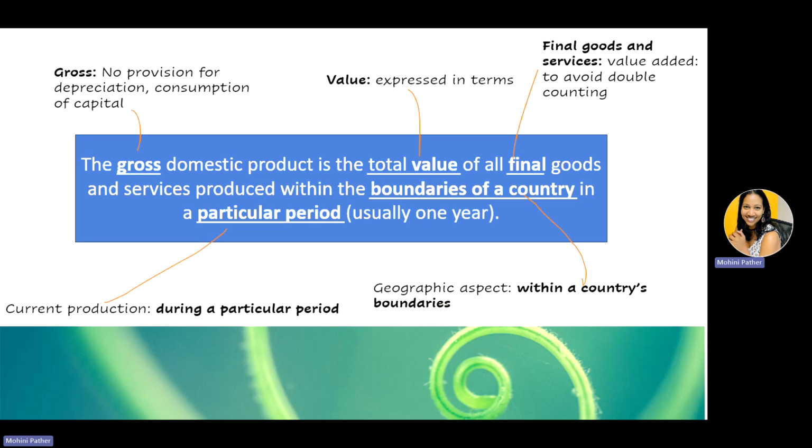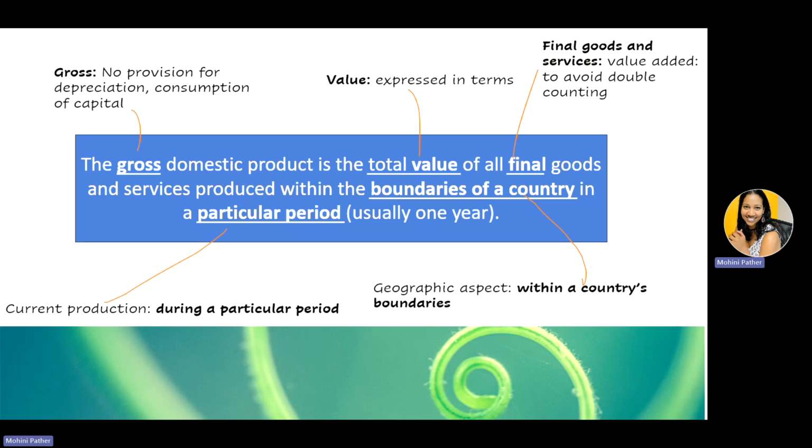So you've got the gross domestic product, which is the total value, and we'll look at that value in more detail, but it is only the final goods and services produced. So not the flour that was used to produce the bread, only the value of the bread, but all the bread that was produced within the boundaries of our country in a particular year.